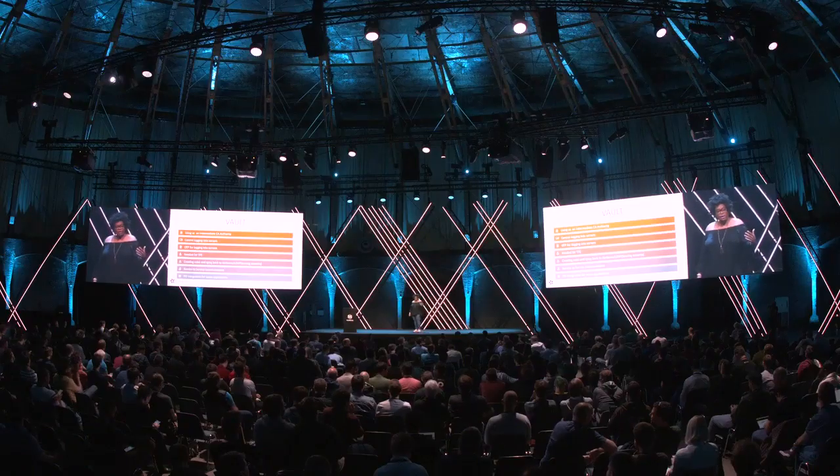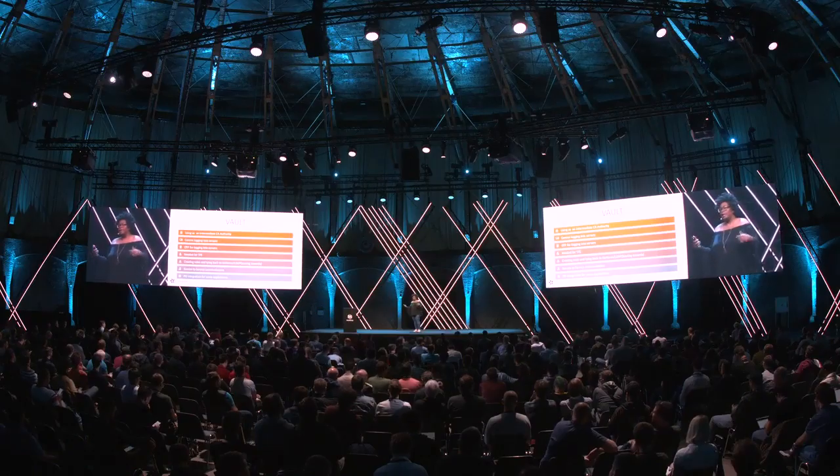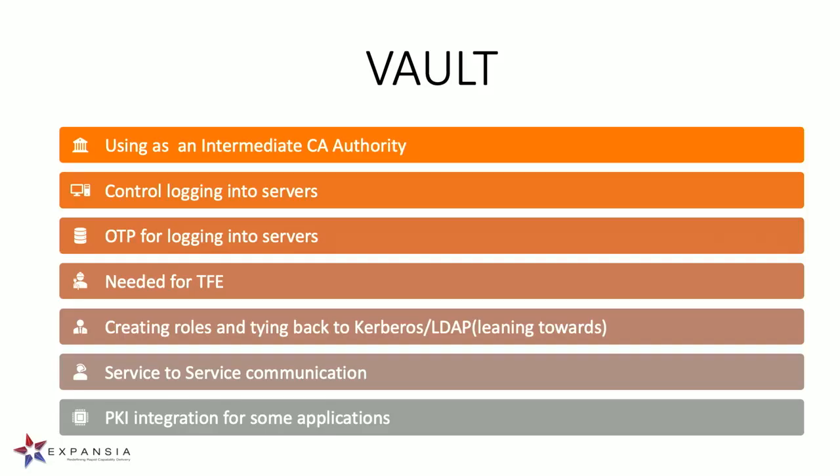You want to get away from that, but at least we can have that controlled on the Vault, saying, hey, you only had 30 minutes to log in and check and see what was going on and then log out. So we can put that on the Vault. The other thing we do here is also tying that back into Kerberos or LDAP, or even in this case, Windows, which is still underneath Kerberos.